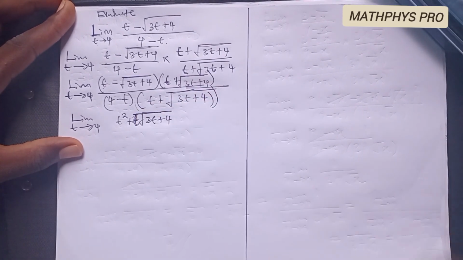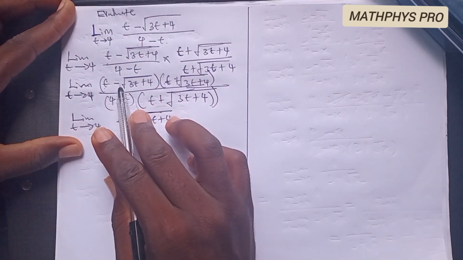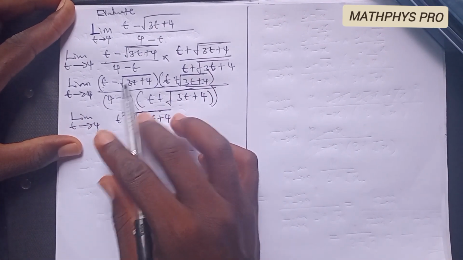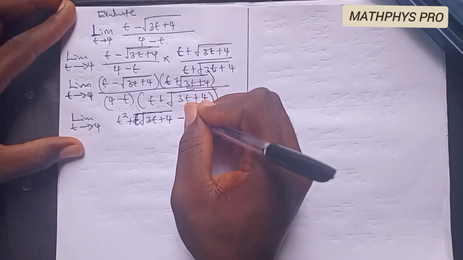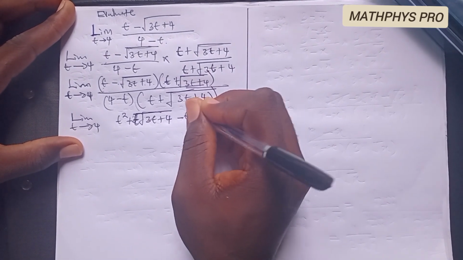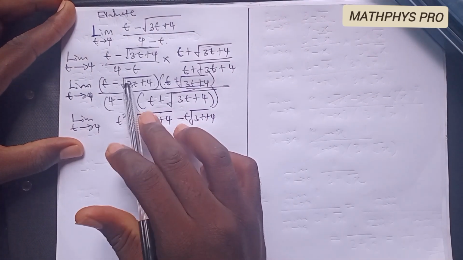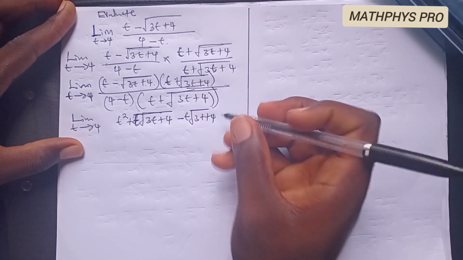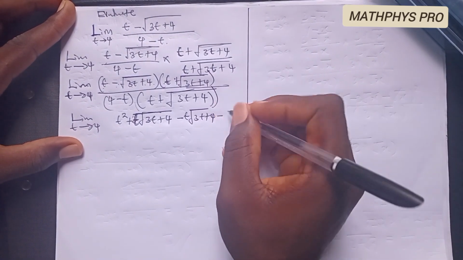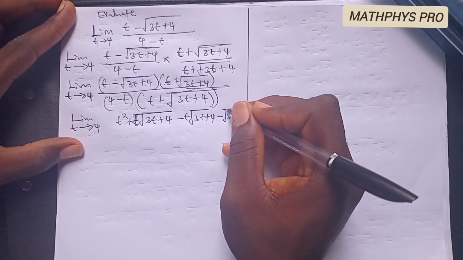Then minus root 3t plus 4 times t gives you minus t root 3t plus 4. Then minus root 3t plus 4 times plus root 3t plus 4 gives you minus root 3t plus 4 square.